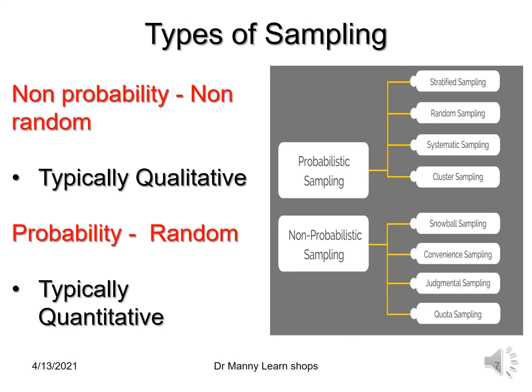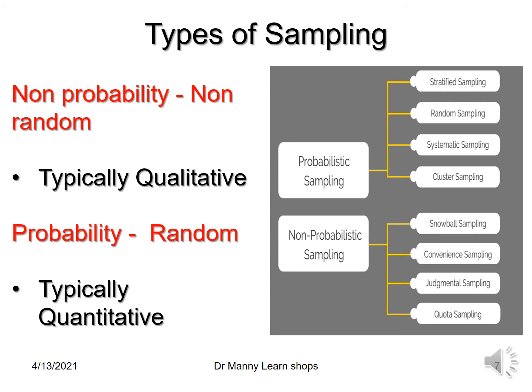Now, types of sampling methods that can be used are non-probability, which is non-random, and this is typically used in qualitative research. This can include techniques such as snowball sampling, convenience sampling, judgmental sampling, or quota sampling, which we'll review. Then you've got probability sampling, which is typically quantitative and it's random.